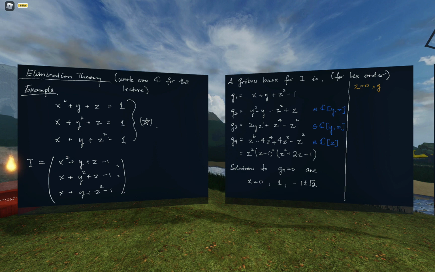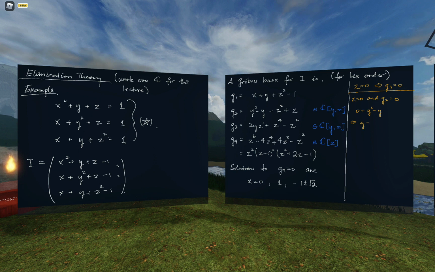So we're going to go to G2, right? I'm just going to say this implies G3 equals 0, and so you don't need to deal with that. z equals 0 and G2 equals 0 gives us an equation which is 0 equals y squared minus y, right?